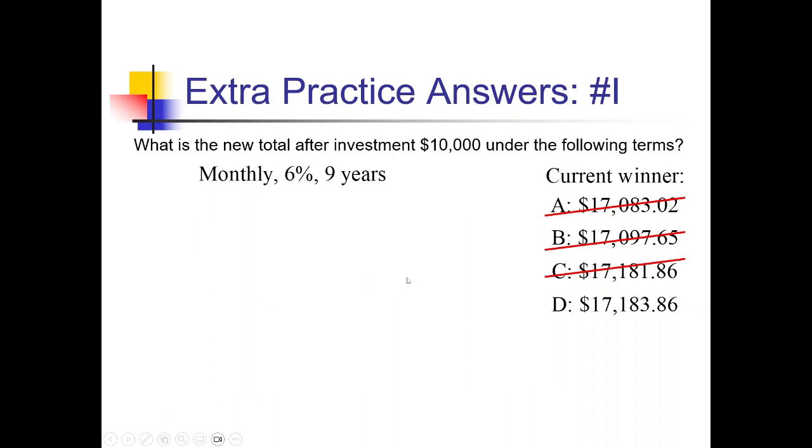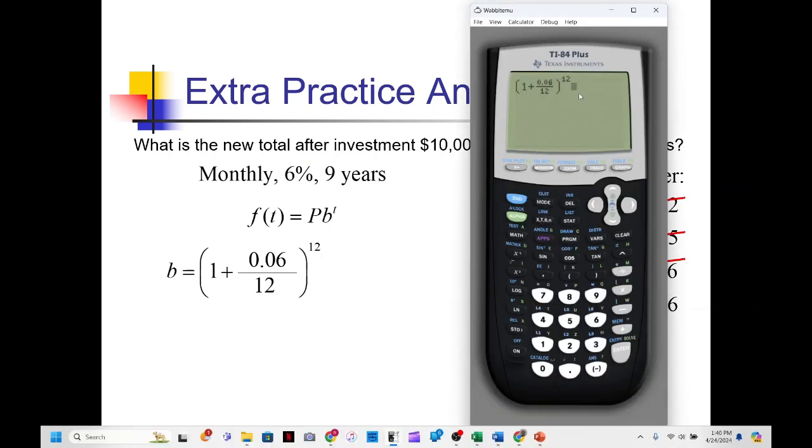Here we go now with Plan I, monthly, 6% interest, 9 years. So PB to the T for the formula. B value is going to be 1 plus 0.06 divided by 12, monthly, raised to the 12th, and plug it in the calculator. That gives me a B value of 1.0617.